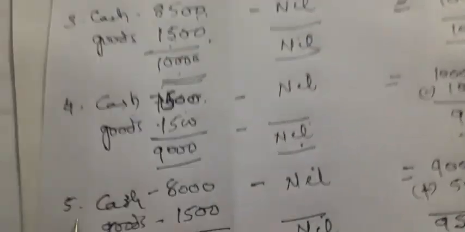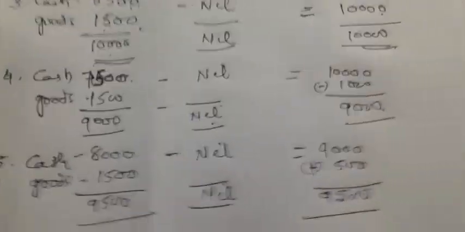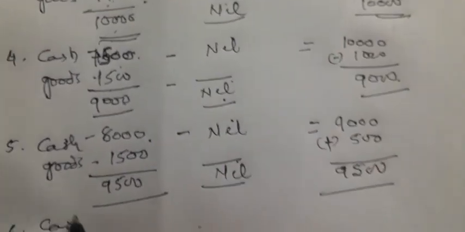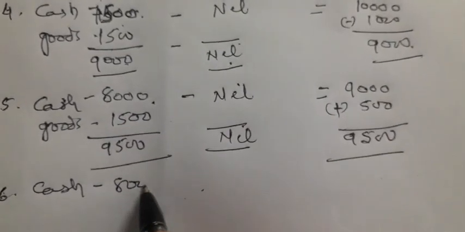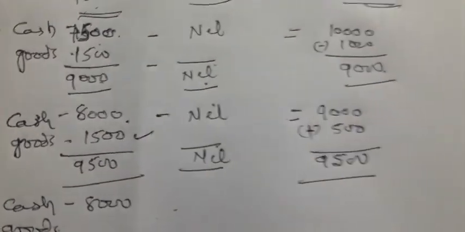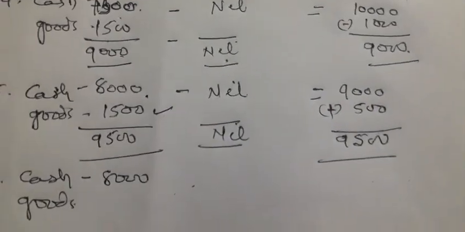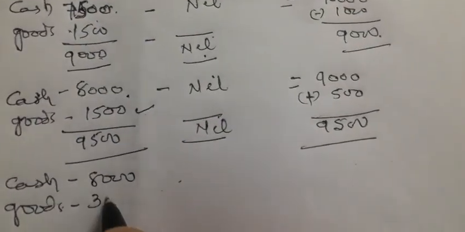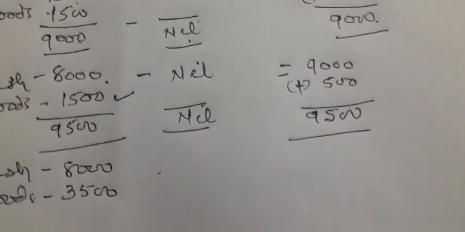So, in the accounting equation, we had cash of rupees 8,000. In this transaction, there is no cash involved, so cash will continue as it is, rupees 8,000. Goods we had rupees 1,500 previously. Now again we have purchased goods worth rupees 2,000. So goods will increase to 3,500.